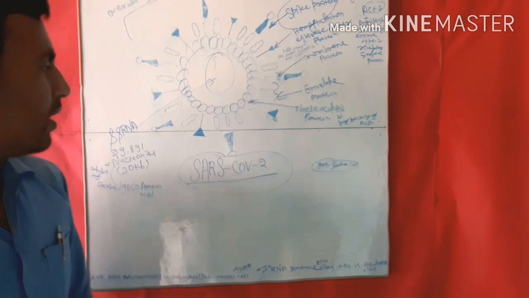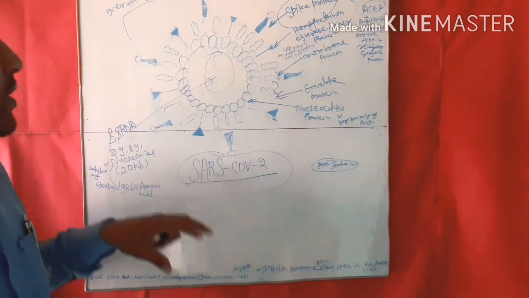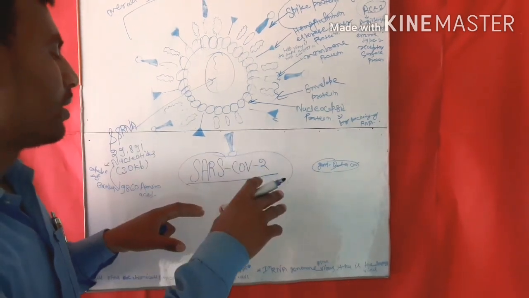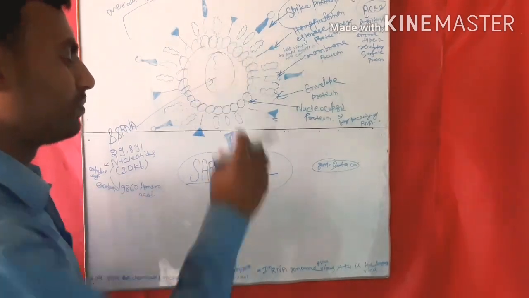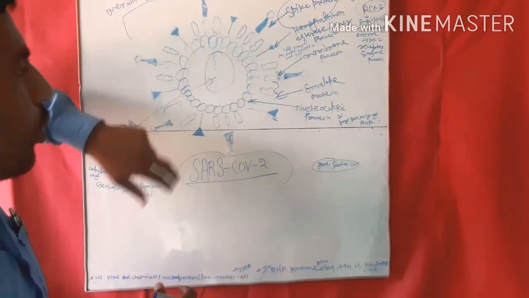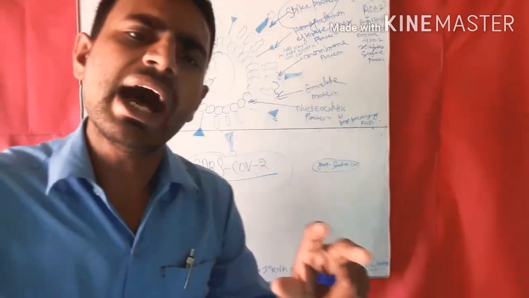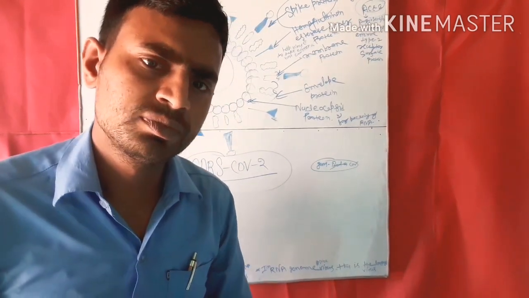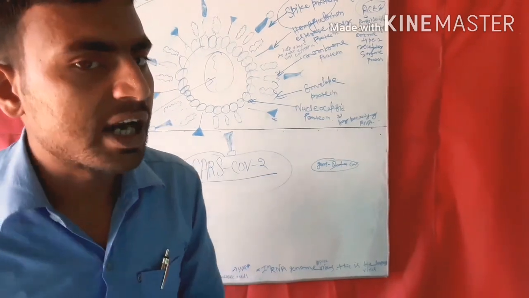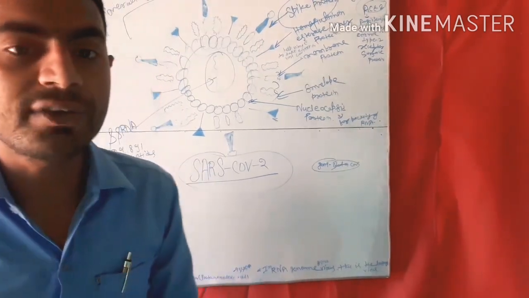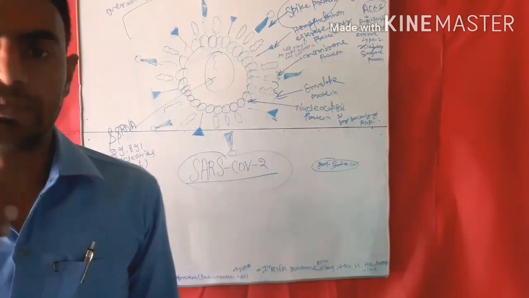Okay, after that, this is an RNA genome. That is also a very important point: among all RNA genome viruses, the size of this virus is the largest. This means the largest virus is COVID-19, the largest virus is SARS-CoV-2.